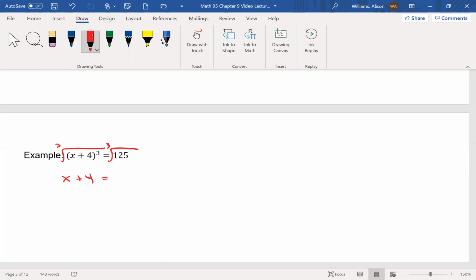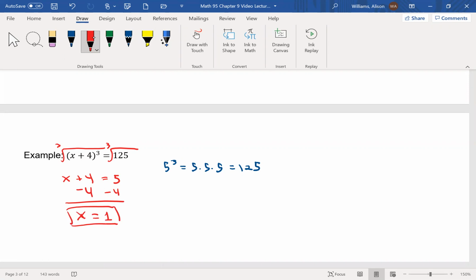Well, the answer is 5. 5 cubed, or 5 times 5 times 5, is 125. All right, so I don't have a plus or minus on this one, right? Because it's an odd power. So I'm just going to minus 4 and get x equals 1.